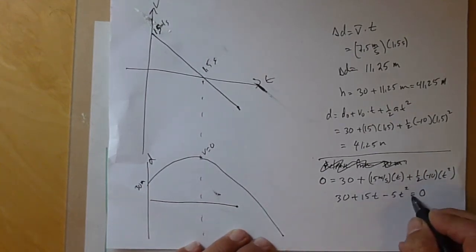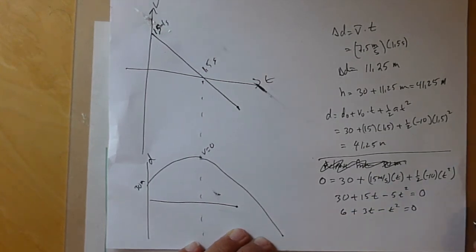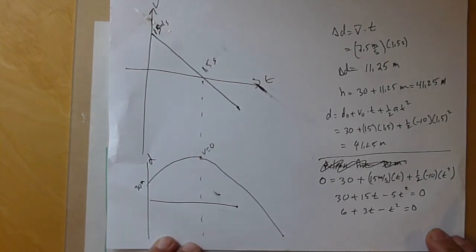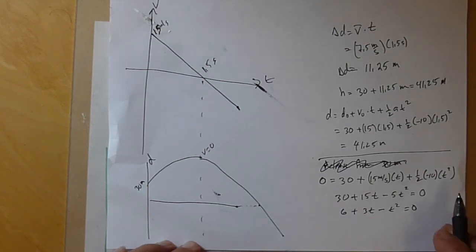I think I can divide through by 5: 6 plus 3t minus t squared is 0, and then you can use a solver or something like that to get the time that it takes for it to come back down to Earth. Thank you very much.